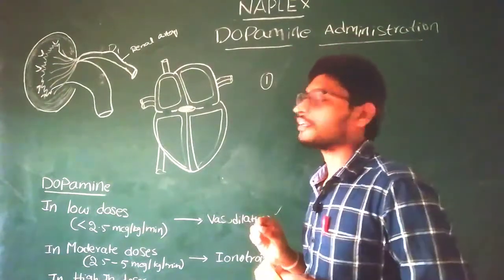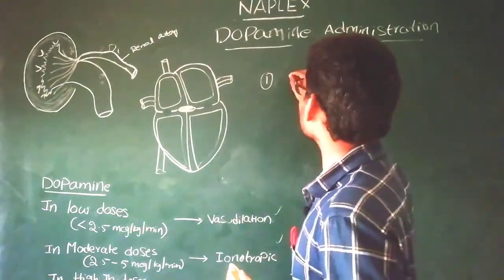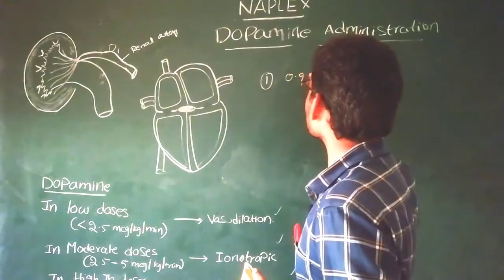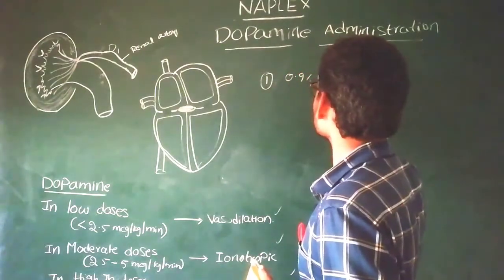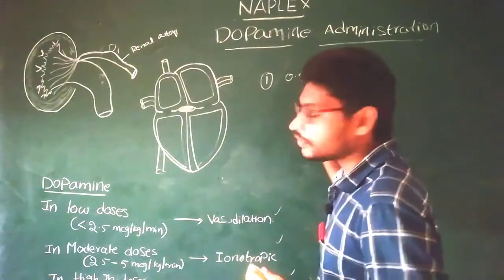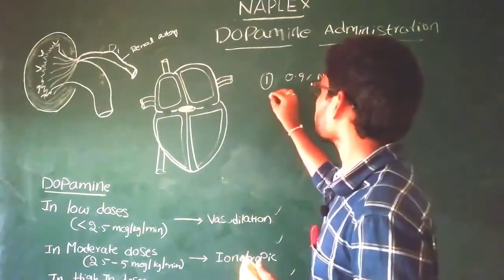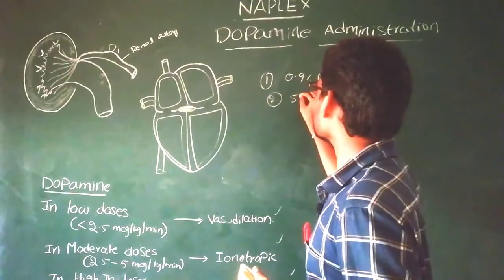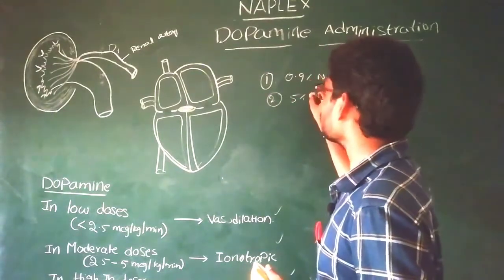You can dilute the dopamine with 0.9% normal saline. 5% dextrose solution is also suitable for diluting dopamine.